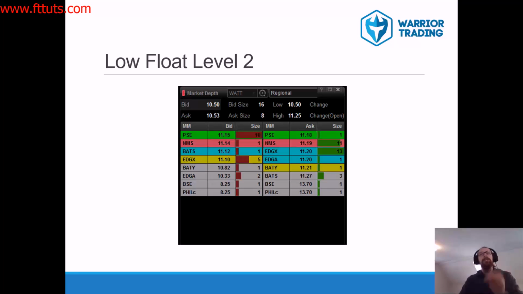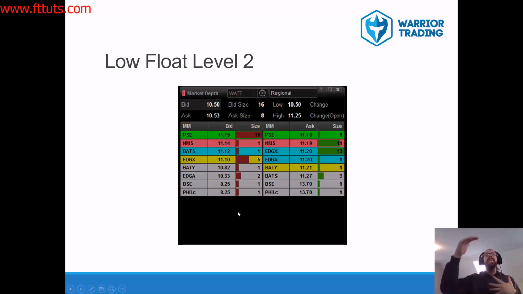All right, now a stock that has a low float will also have a slightly different level 2. The level 2 is going to look different because you're usually going to have a bigger spread. This stock has a 3-cent spread right now. And this stock could very, very quickly, with only 100 shares for sale here, and only 1,100 here, and only 1,300 here, go from 18 to 20 to 21 to 27 and possibly higher. Likewise, if it drops, it could drop back down to 11 or 10.82 very, very quickly.